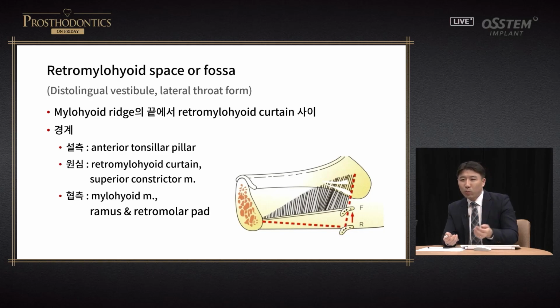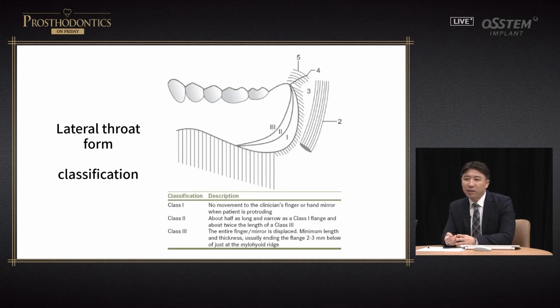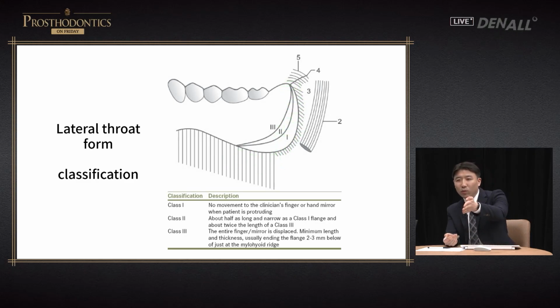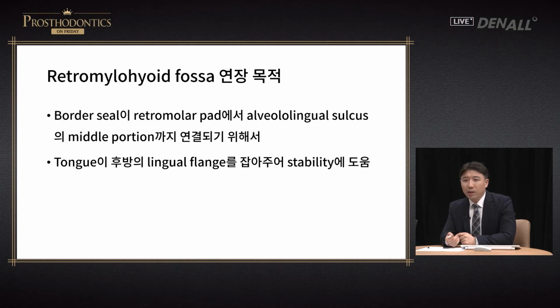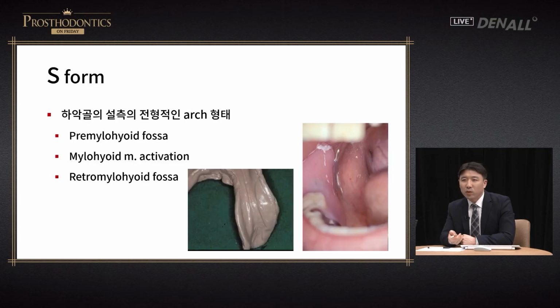This is something that cannot be seen easily, but we need to find it while doing border molding. We can use a dental mirror. We can use this to check when the patient pushes the tongue forward, the mirror is pushed out. This can be of help in gaining more stability.